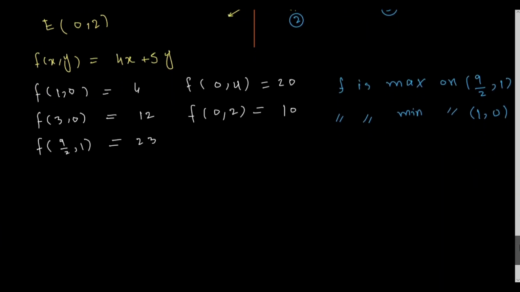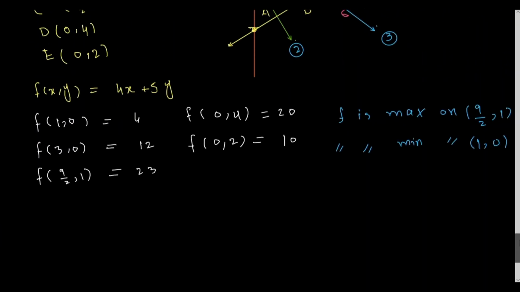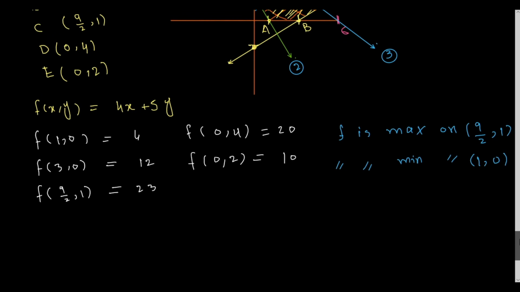The second function is phi of x comma y, which was equal to 4x plus 6y.